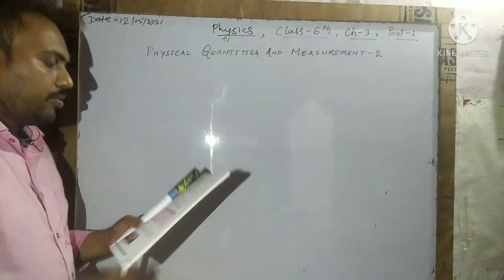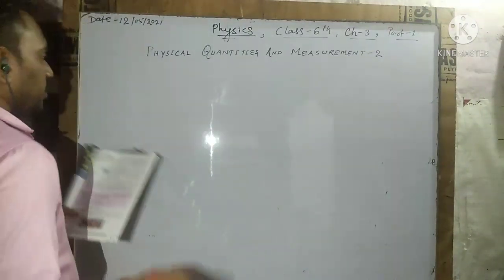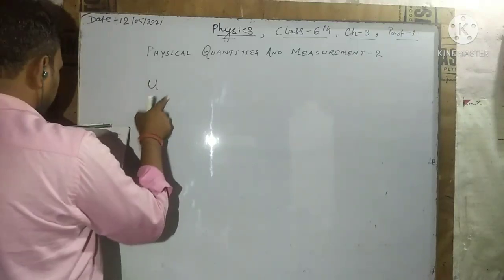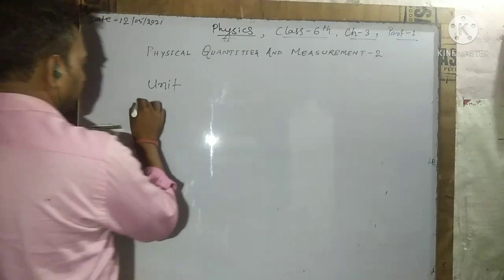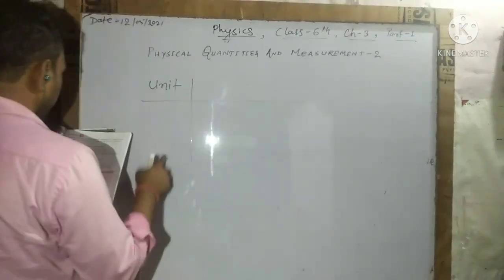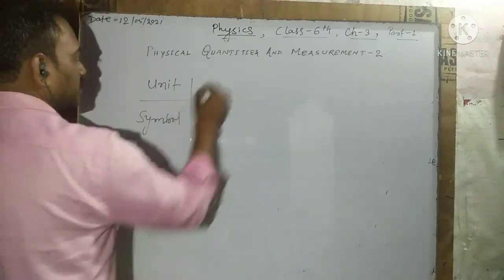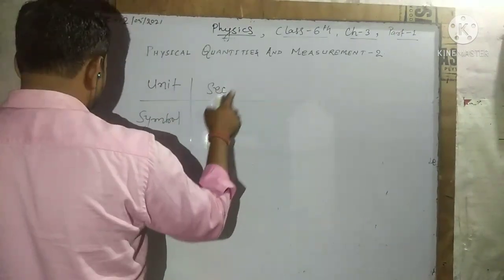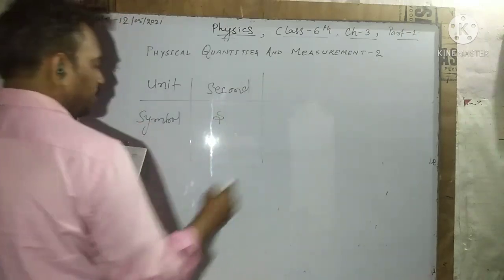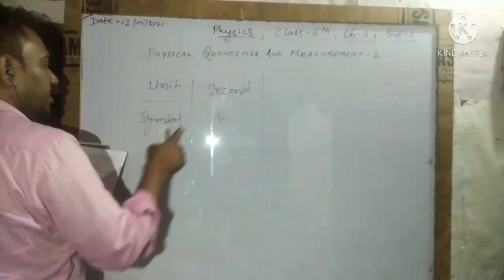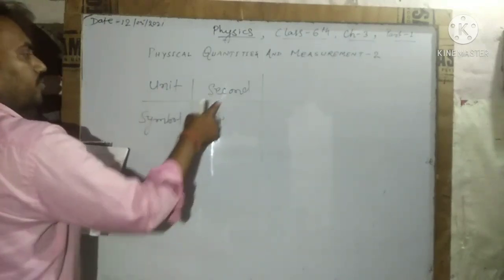First of all, we will learn the units and symbols. For second, we use s. Second is the unit of time, while s is the symbol of second.